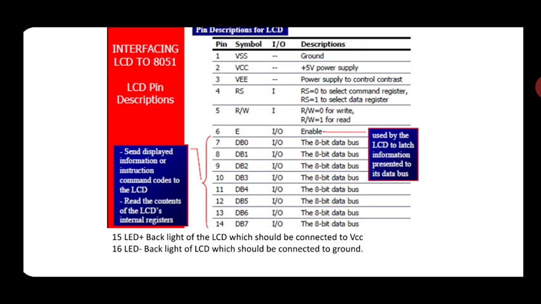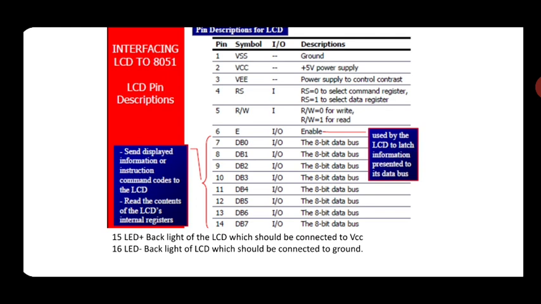If it is 0, it selects the command register, meaning it is a command to the LCD operation. If it is 1, it is selected as the data register. We will see later what we mean by command and data register.